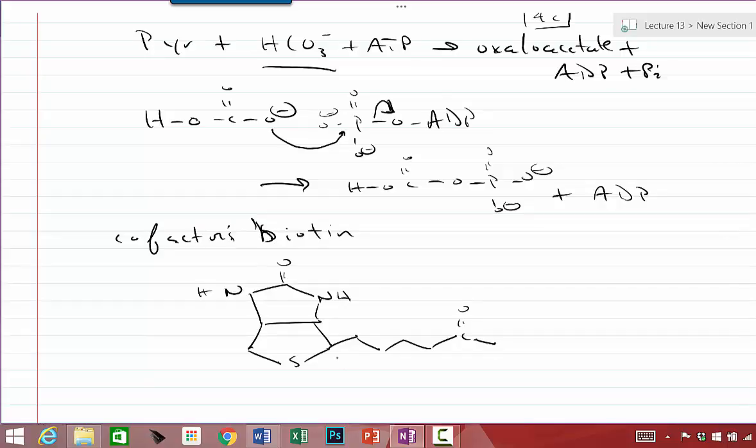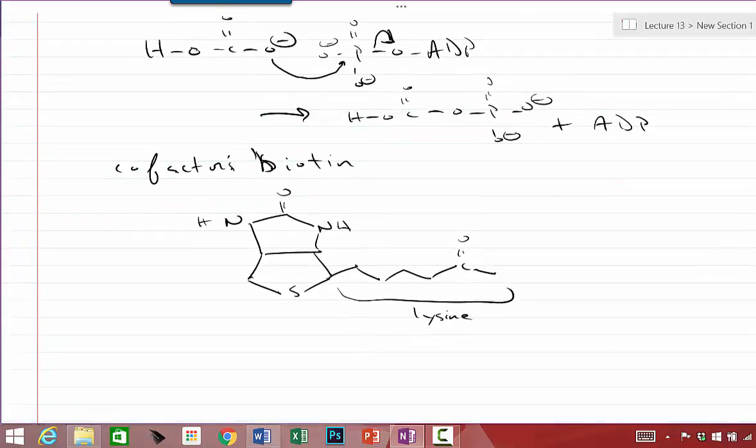And this is part of the enzyme that has a side chain known as lysine. So that's the lysine side chain, and it's been modified. This is covalently attached to the enzyme. By the way, the name of this enzyme is pyruvate carboxylase, and it is a synthase, not synthetase, but a synthase.